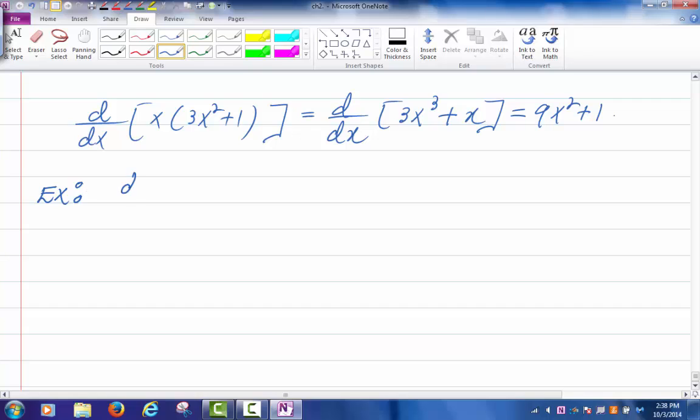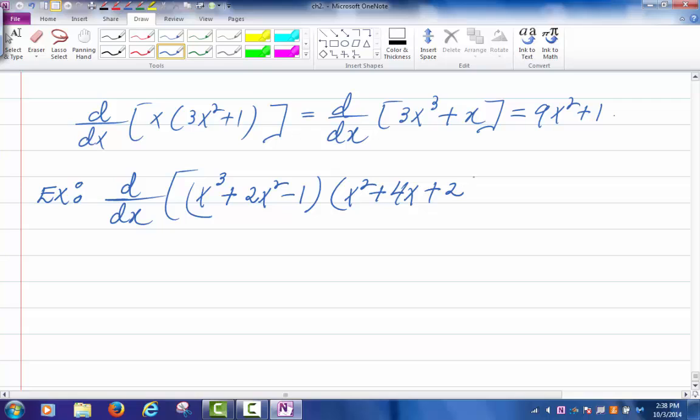So here's, let's say you want to take the derivative of the product x to the 3 plus 2x squared minus 1. And here, let's say you have x squared plus 4x plus 2.